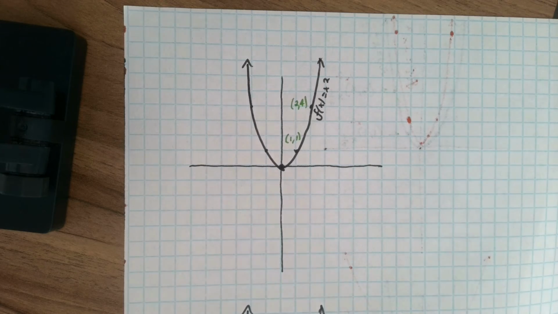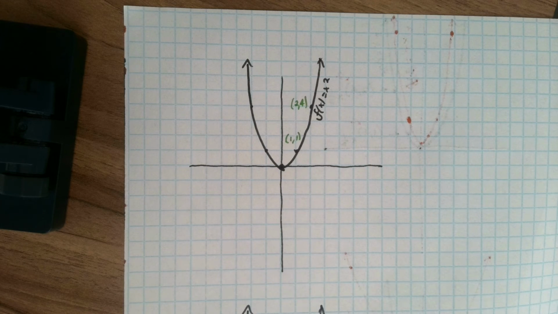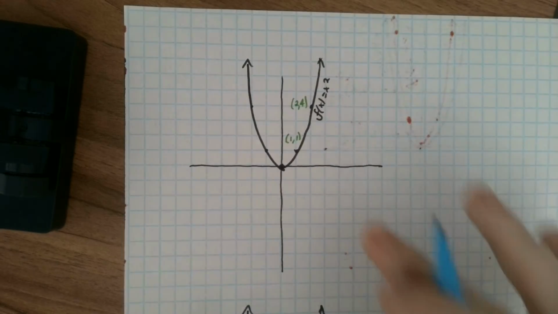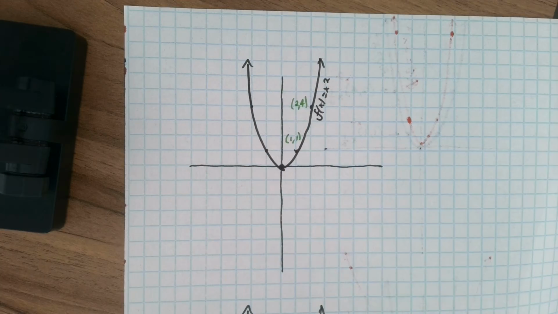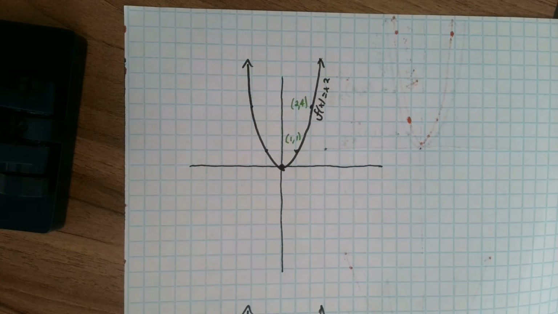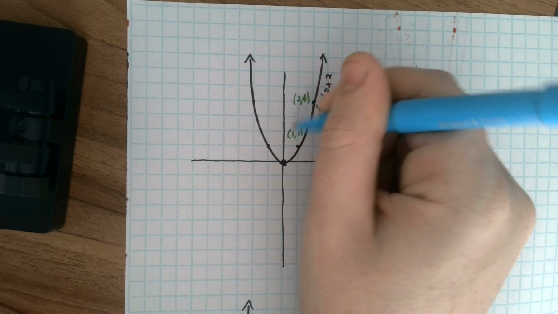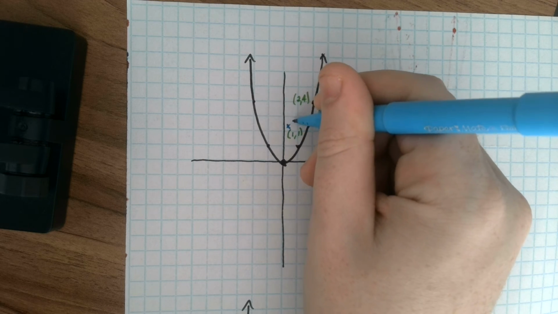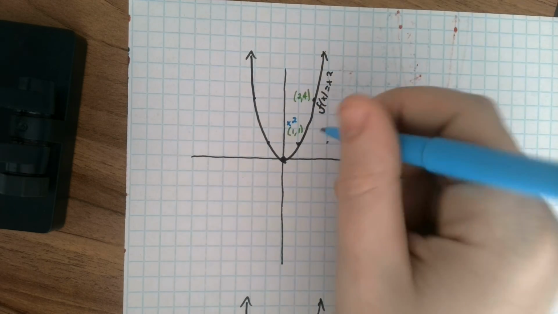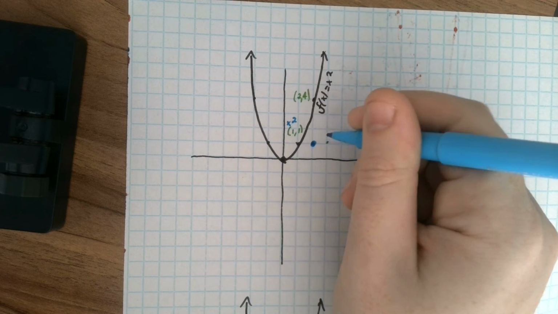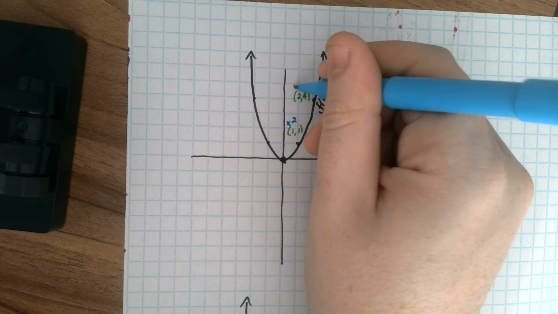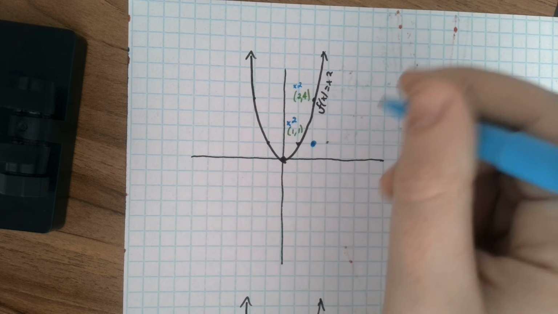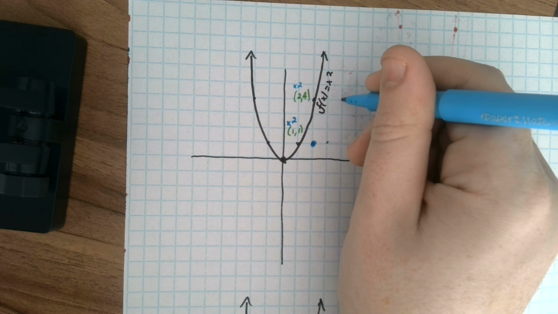Let's say I wanted to do a horizontal stretch by a factor of 2, meaning I want these to be 2 times as wide. What are we multiplying by 2? We're multiplying our inputs by 2. So instead of 1, 1, we should put a point at 2, 1. And instead of 2, 4, we should put a point at 2 times 2, which is 4. We should put a point at 4, 4.